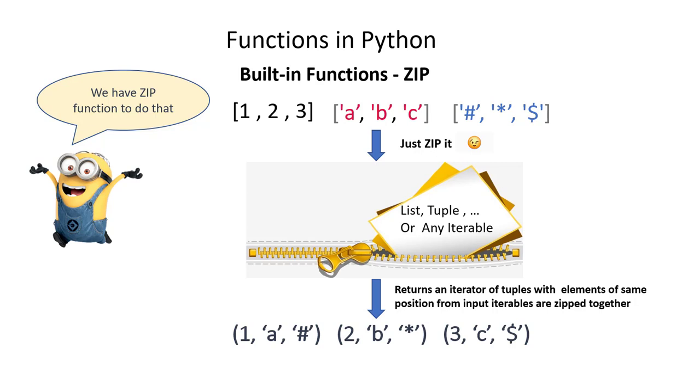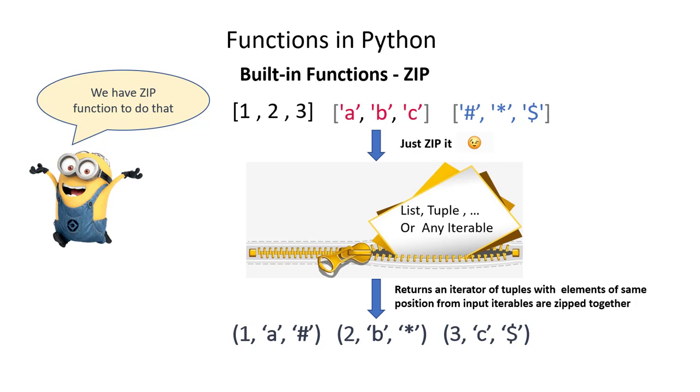Similarly, the second element from each of these lists is zipped together and placed in the form of a tuple. So is the third element from each of the lists. So the zip function is going to return an iterator of tuples with elements of the same position from input iterables zipped together.